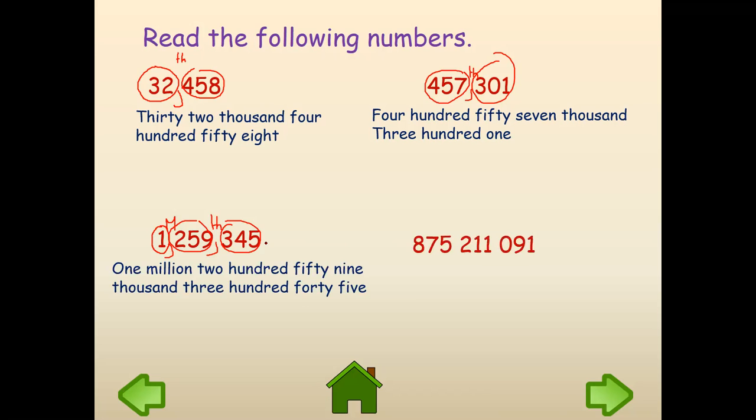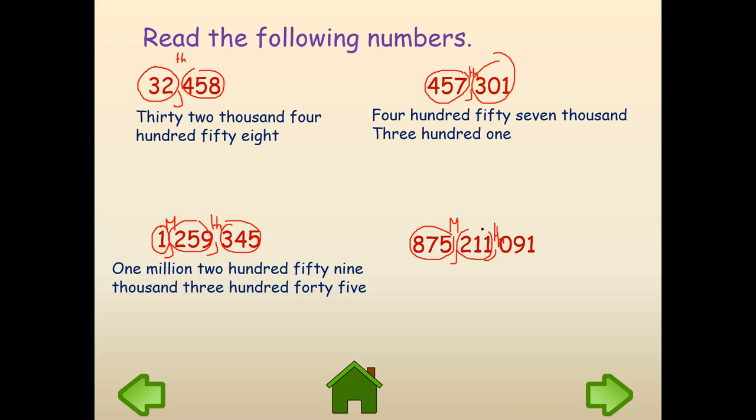The last example, 875,211,091. Let's place the commas first. The first comma is read as 1,000. The second one is read as million. So it's important to place the 2 commas in order to say million and 1,000. How do we read these 3 numbers? 875, then million.